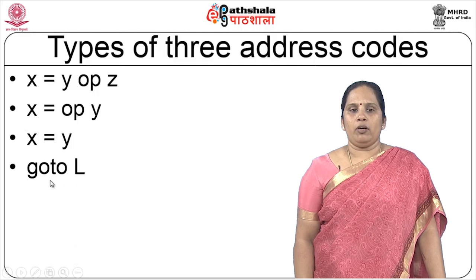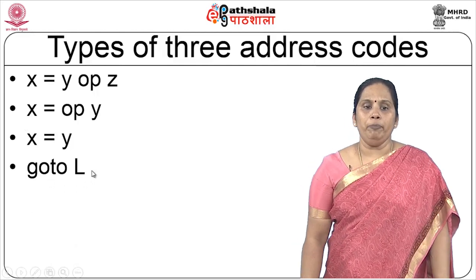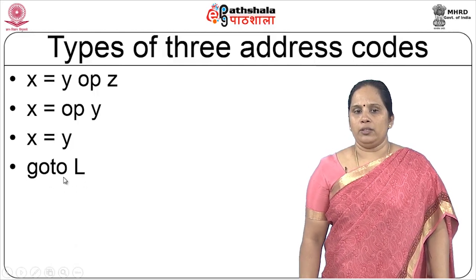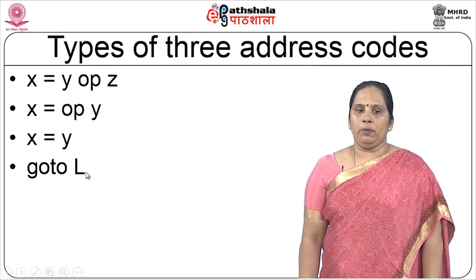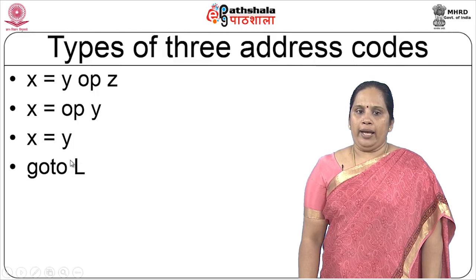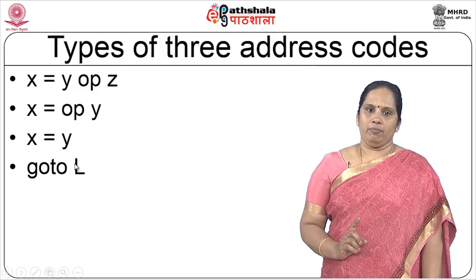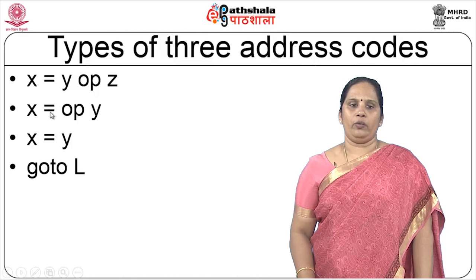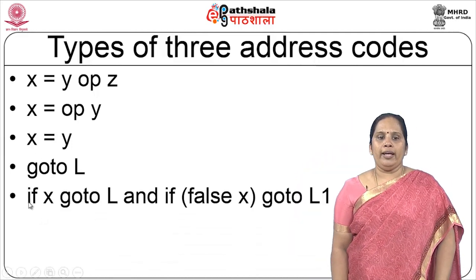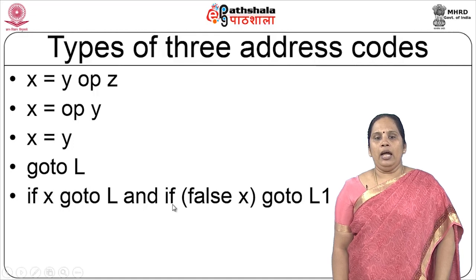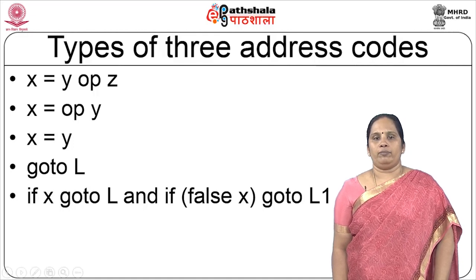The fourth one is called an unconditional jump, where I have go to L, so go to a location labeled L. L corresponds to an address, so I have only one address here. The next one is conditional jump, where I have if x go to L and if false x go to L1.